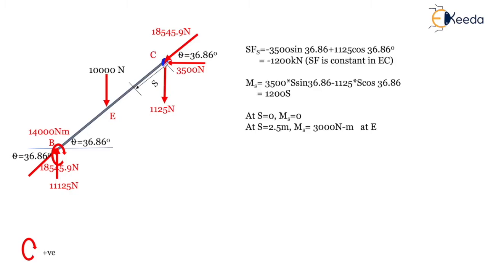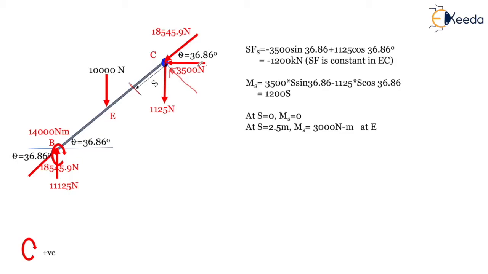Let us consider any section S in between EC. Shear force at this point, we can see that there are two forces acting. One is 3500 and one is 1125. Now this 3500 is going in this direction. Shear force means we have to see the component which is perpendicular to the beam.